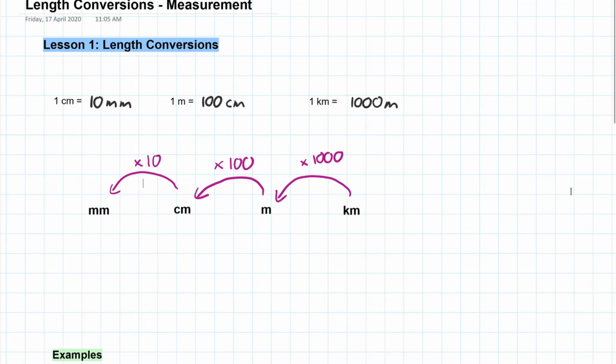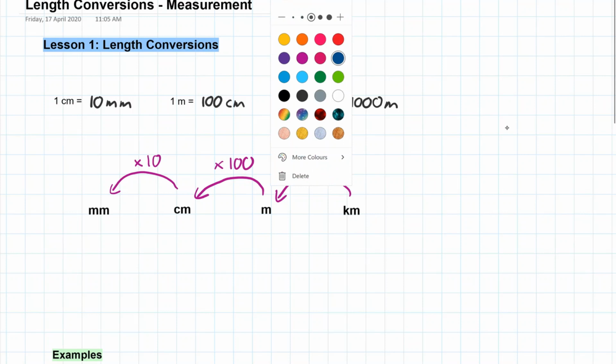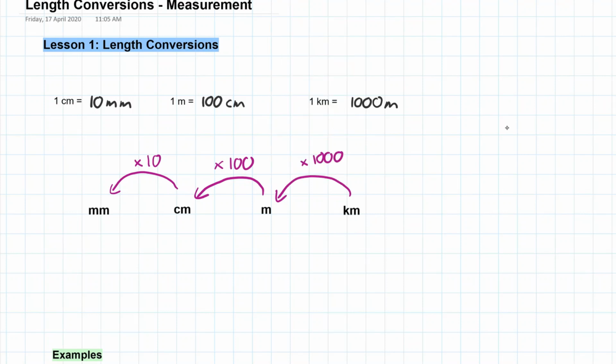Now if we want to go the opposite way, if we start with millimeters to centimeters, 10 millimeters is 1 centimeter. So going from millimeters to centimeters, we're going from 10 to 1, which means we are dividing by 10. I'm just going to change the color real quick. So from millimeters to centimeters, you're going the opposite way.